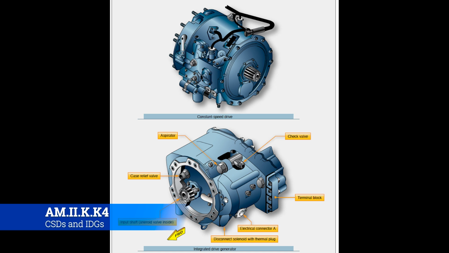So aircraft AC current needs to be generated and maintained at 400 hertz AC. Now that becomes very, very difficult whenever you're using an alternator or a DC generator that's being driven by tying it into the engine.